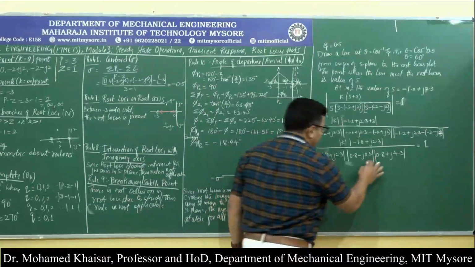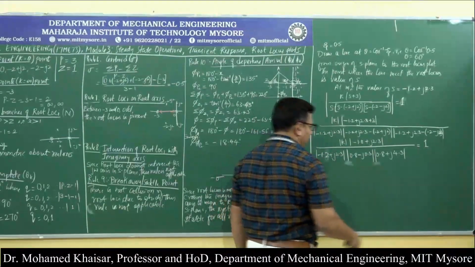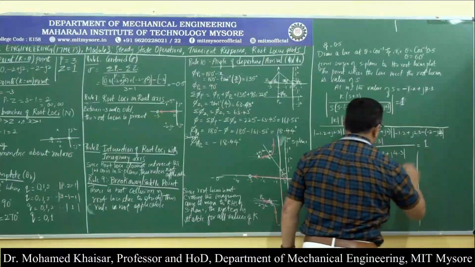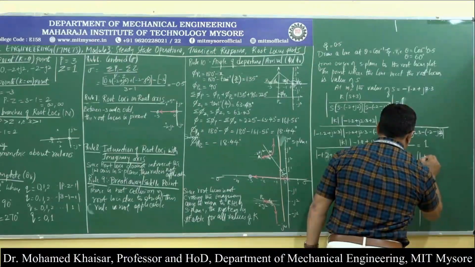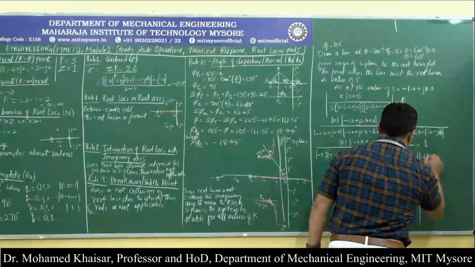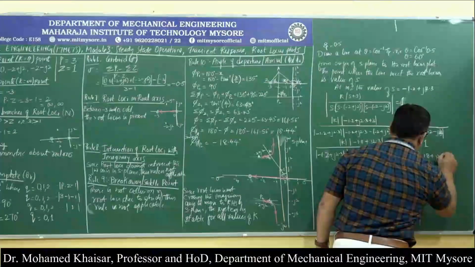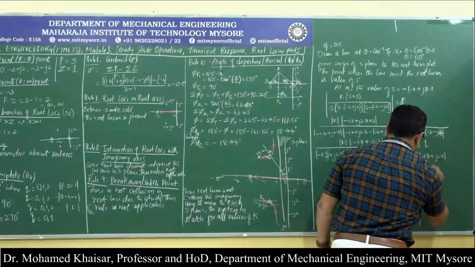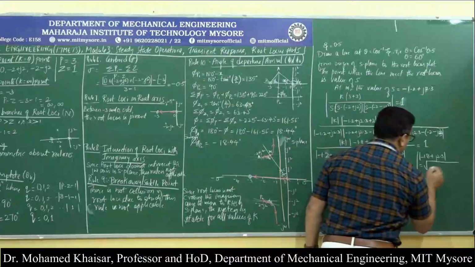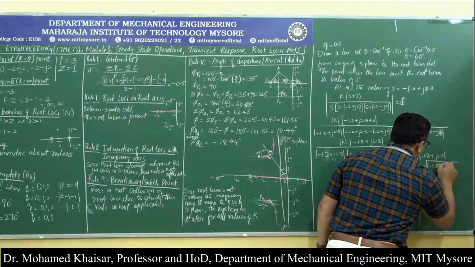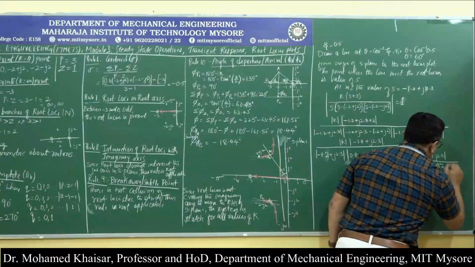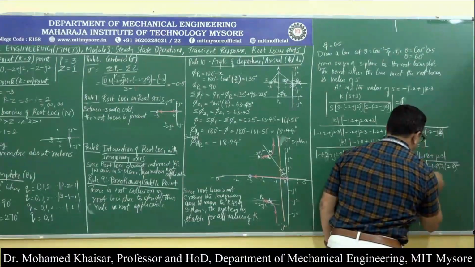We know that to find the modulus, modulus of 1.8 plus j2.3 is given by root of real part square plus imaginary part square, so 1.8 whole square plus 2.3 whole square.